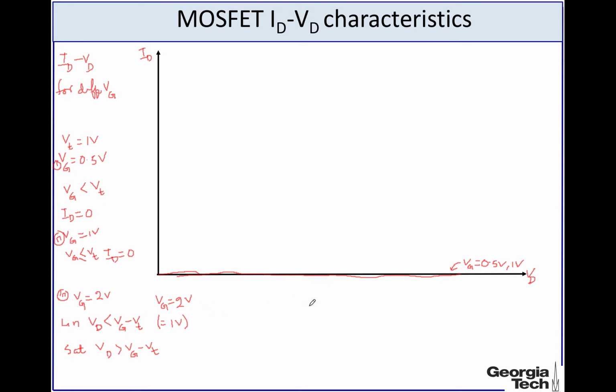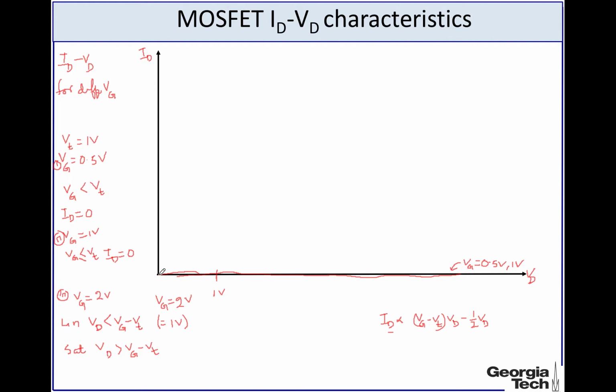Now in the previous slide, what we have shown is that in the linear region ID is proportional to VG minus VT multiplied with VD minus half of VD squared. So it's a quadratic equation. Let's say this is 1 volt here, and as long as VD is smaller than 1 volt, it will follow this equation.